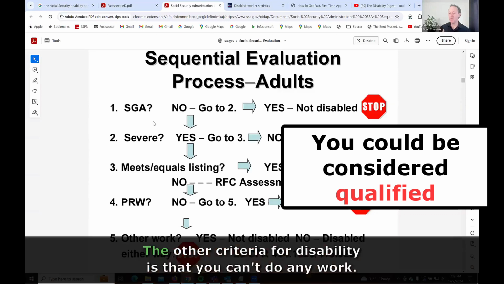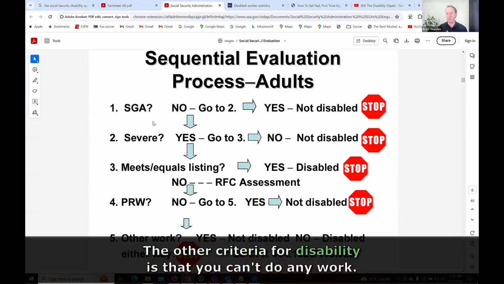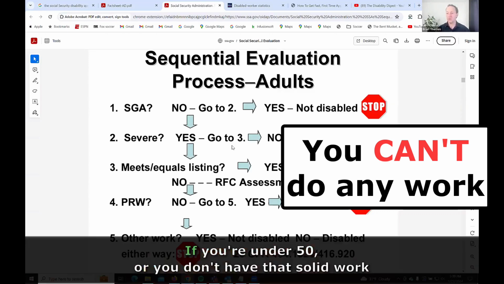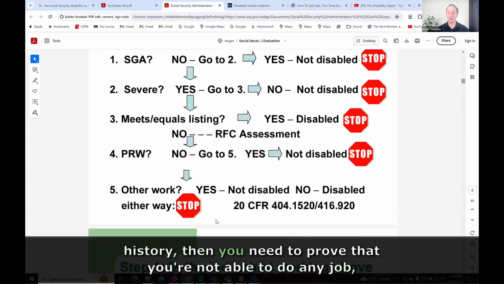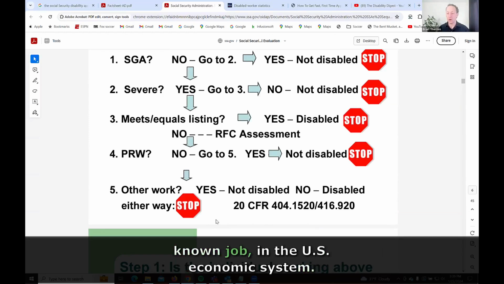The other criteria for disability is that you can't do any work. If you're under 50 or you don't have that solid work history, then you need to prove that you're not able to do any known job in the U.S. economic system.